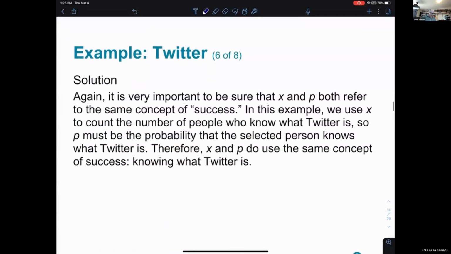Now it's very important to be sure that X and P, the number of successes and the probability of success, refer to the same concept of success. In this example, success was knowing what Twitter is. So X should be how many people knew what Twitter is, and P should be the probability of knowing what Twitter is. They refer to the same outcome.